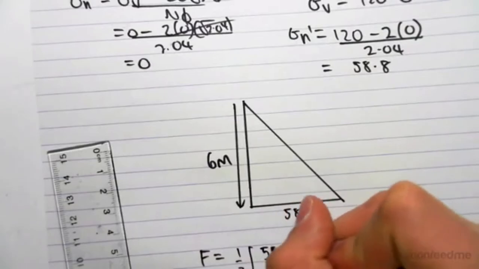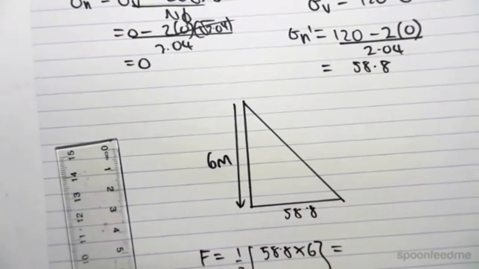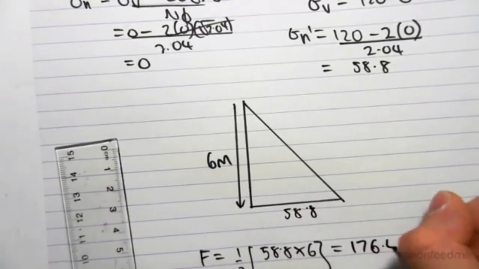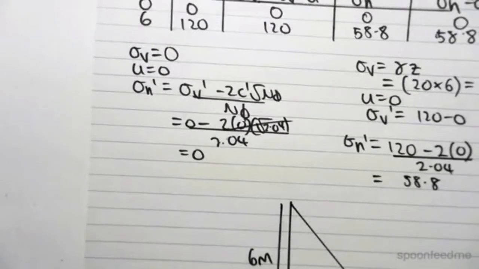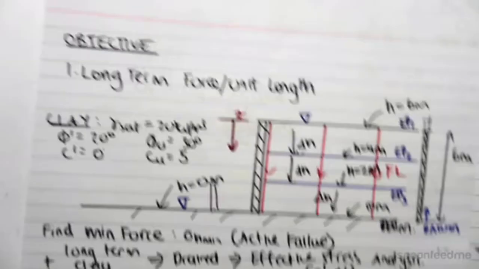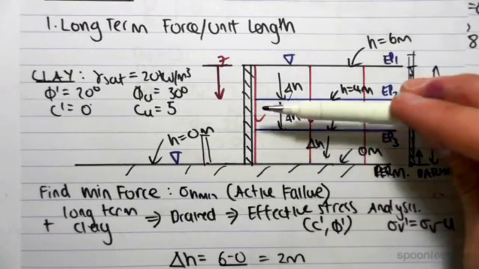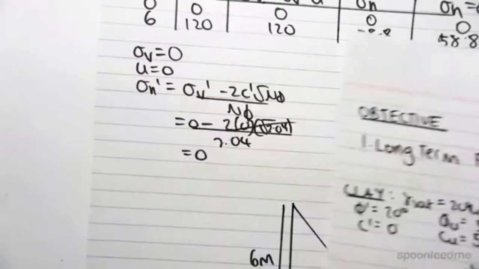So a half base times height. And if we were to work this out, 58.8 by 6 times a half, we will get 176.4 kilonewtons per meter. So in the long term, we're going to get a linear load of 176.4 kilonewtons per meter coming in and out of our page. So in this direction. Anyway guys, that's the long-term value.